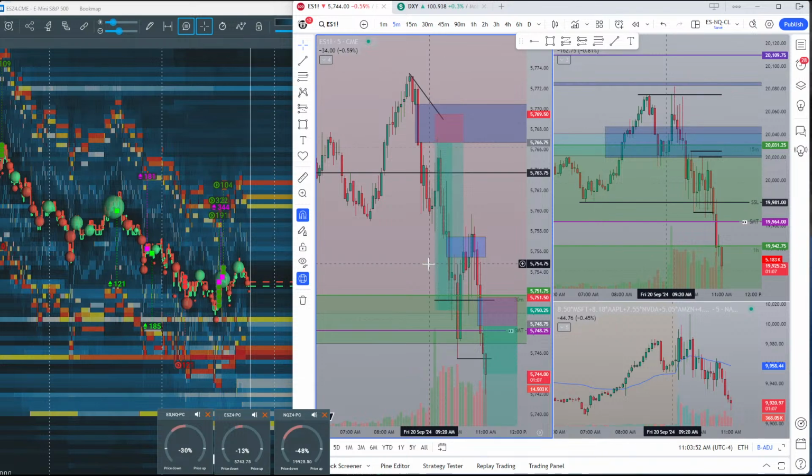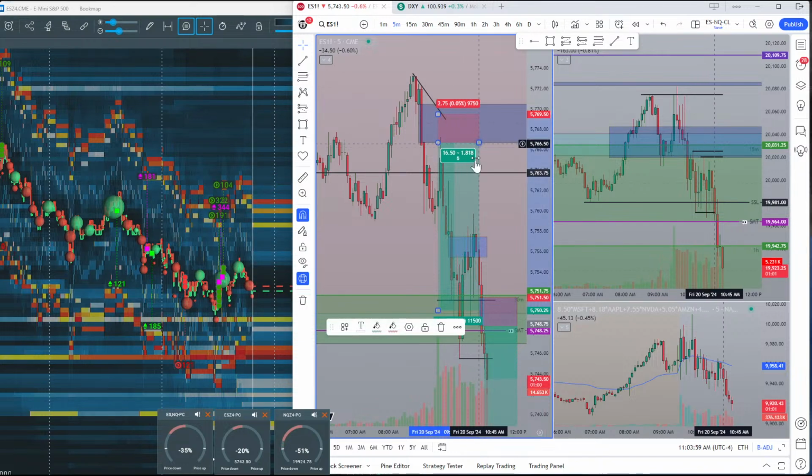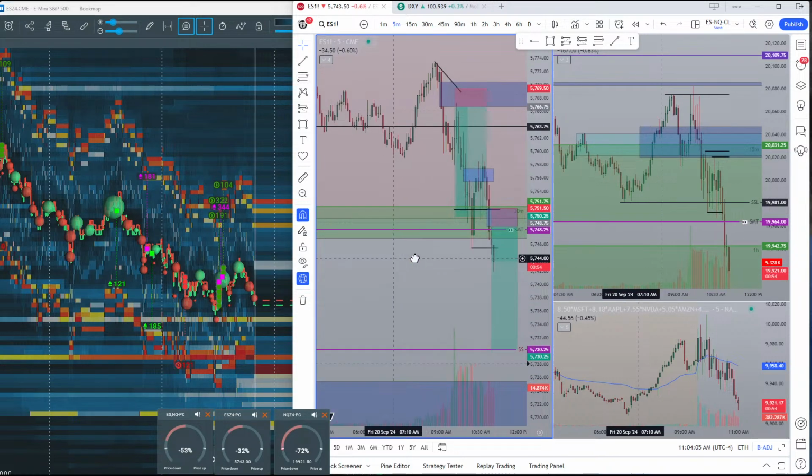You know what'll happen? I'll walk away. It'll tap that fair value gap, then continue. It's exactly what'll happen. I'm not crazy disappointed over this trade that we didn't catch, but I am disappointed over this trade that we didn't catch.